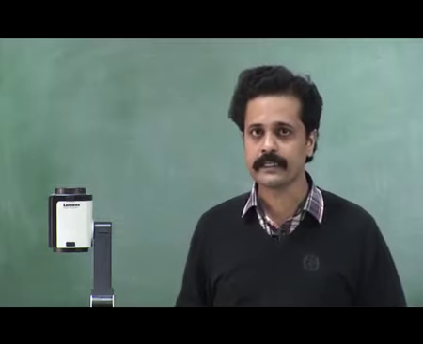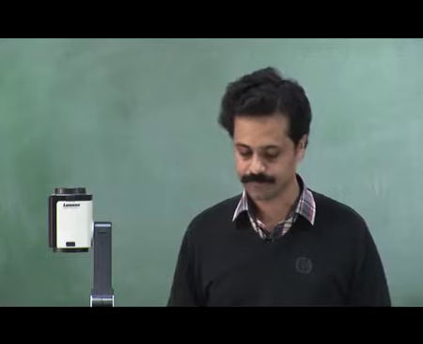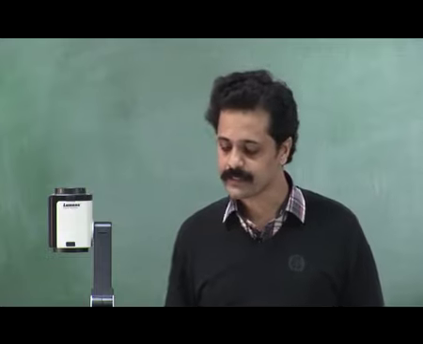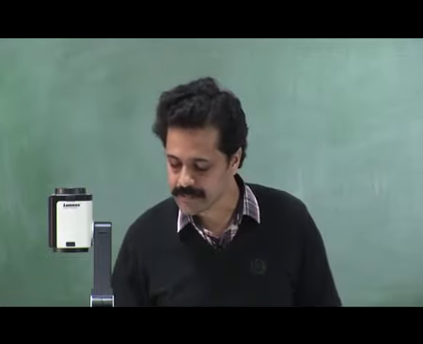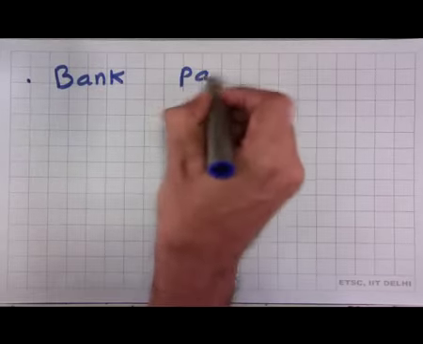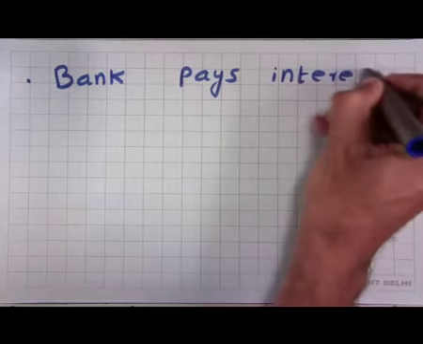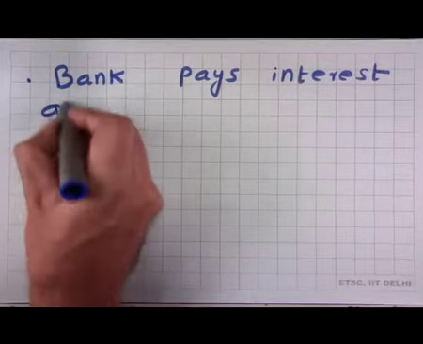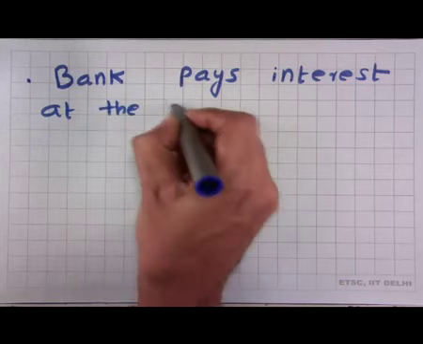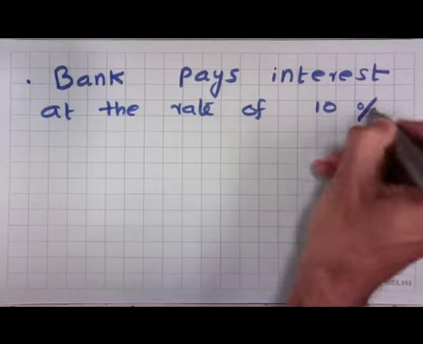Now, the problem is related to a depositor and a bank. Assume that a bank pays interest at the rate of 10% per annum.